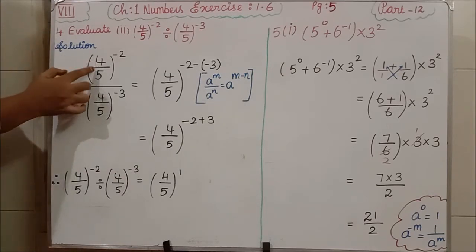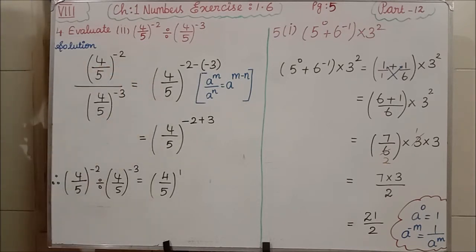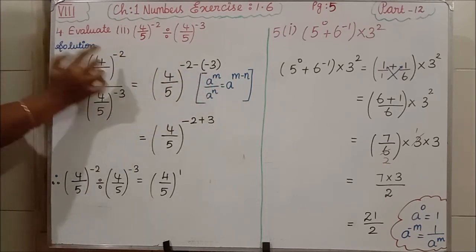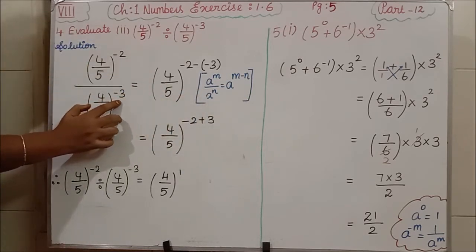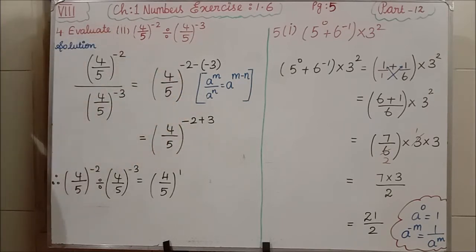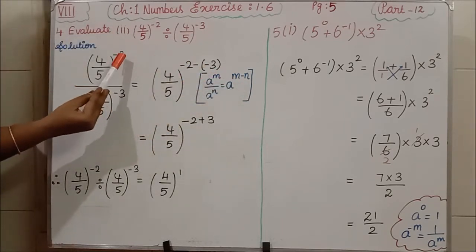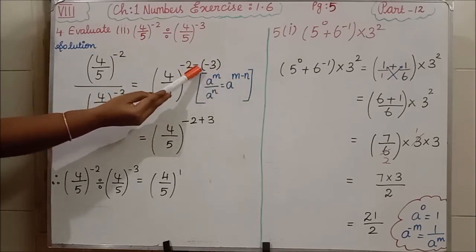So here 4 by 5 we are having, so I am writing 4 by 5. Instead of this m, what we are having? Minus 2. Instead of this n, what I am having? Minus 3. Isn't it? So 4 by 5 I have written. Here m is nothing but minus 2. In the formula we are having minus, that minus.